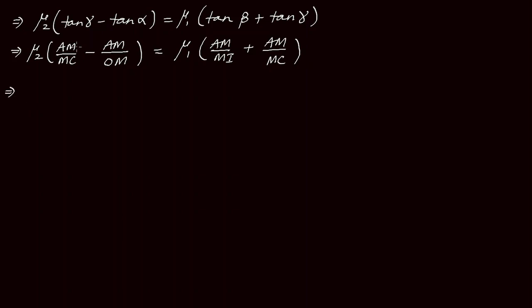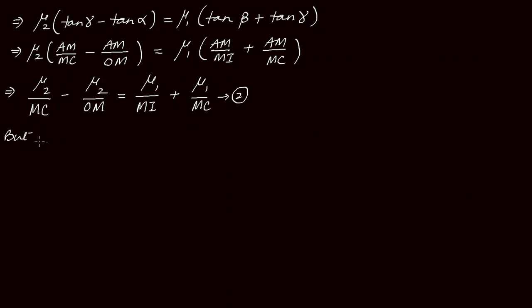Then we again cancel AM. We multiply this mu2 and this mu1 inside of the bracket. Mu2 by MC minus mu2 by OM, mu1 by MI plus mu1 by MC. Let's call this equation 2.